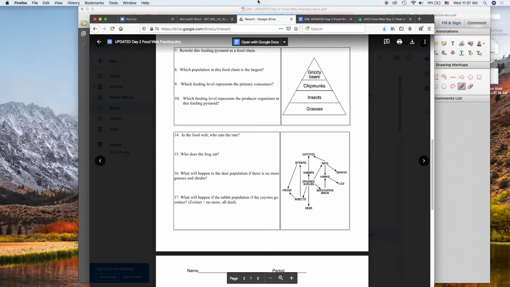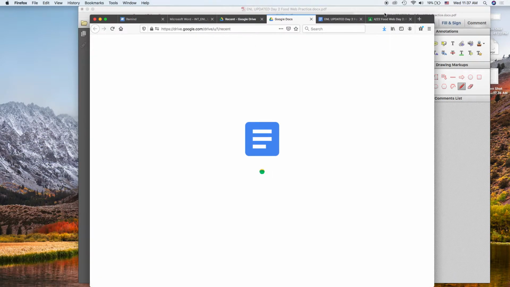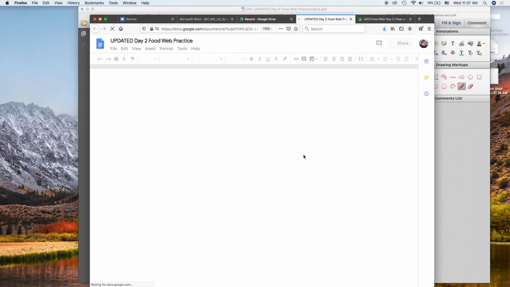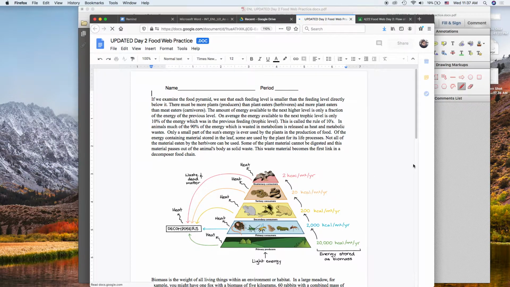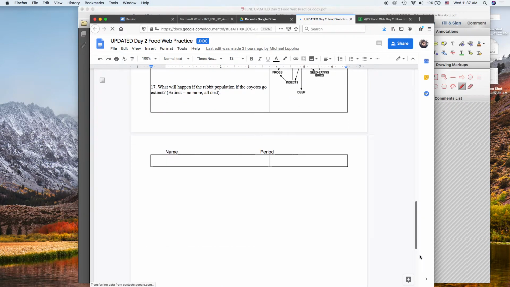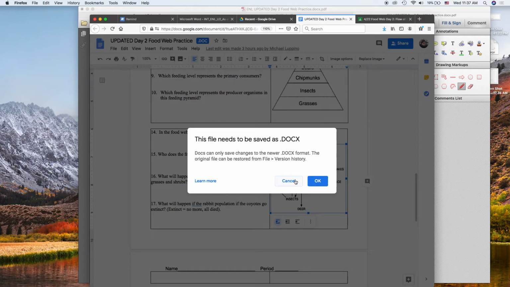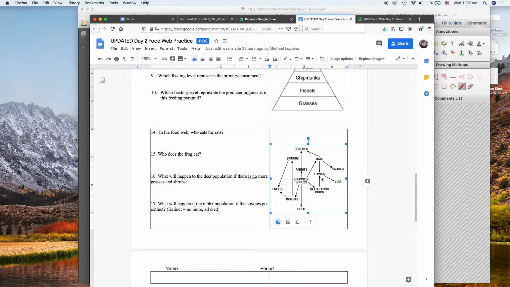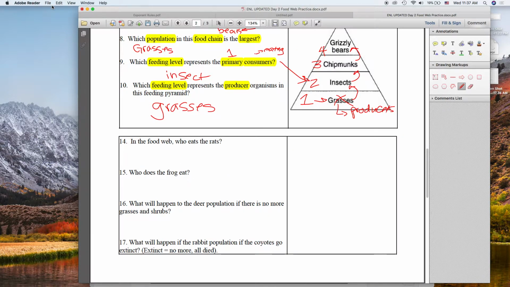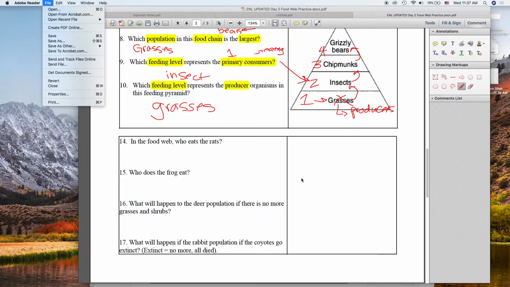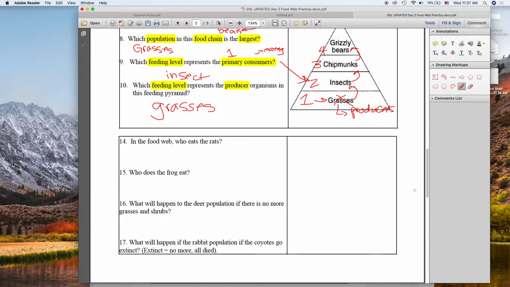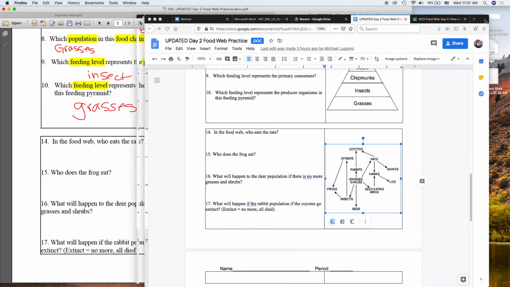Oh yeah, I guess I did. All right, so let's get this picture. Let's see if we can insert it here. I don't know if we can. All right, let's just look at it over here.